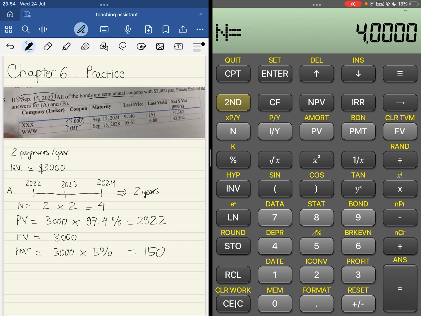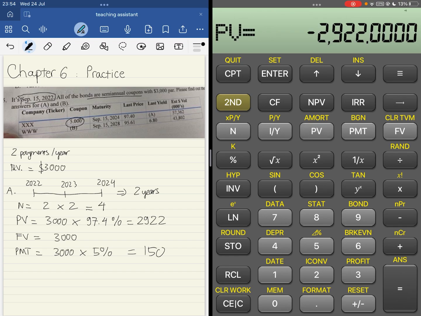So to type it on the calculator, we have to put a minus sign before 2,922. So first, we press 2922, and we press the plus or minus sign, which is located on the last row, to get the minus sign. And it's going to be the present value, which is PV.